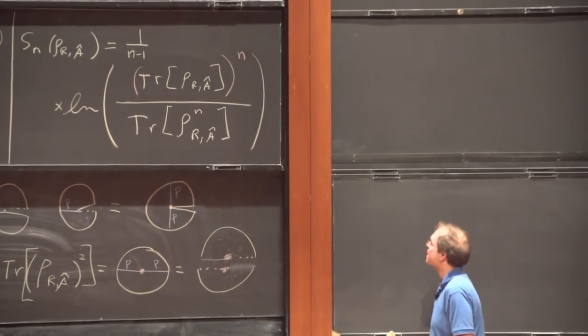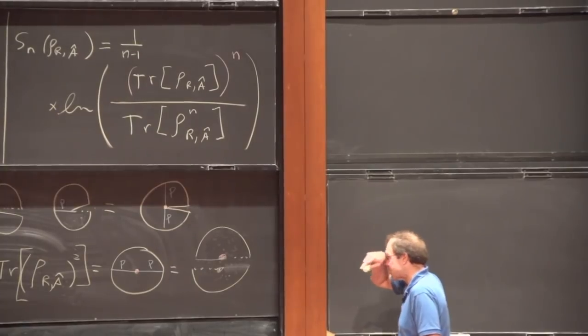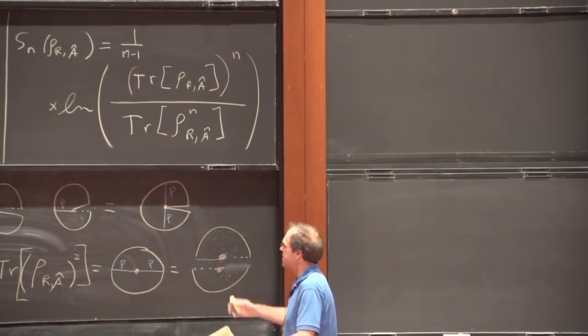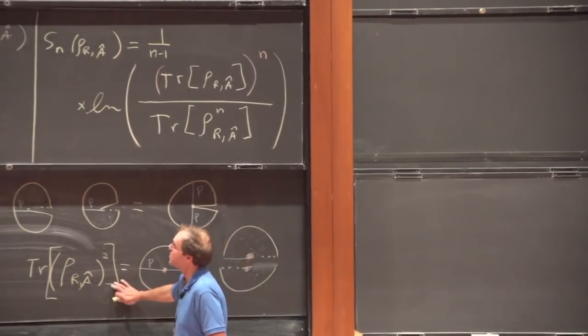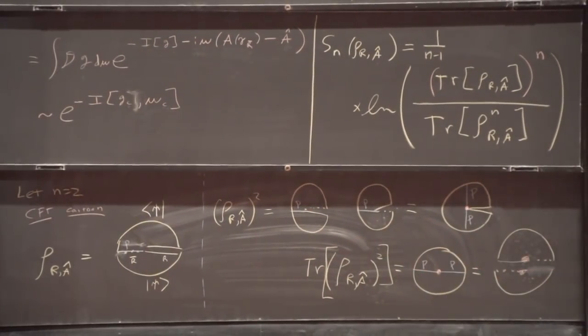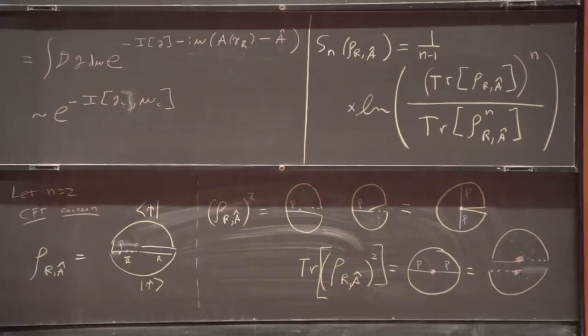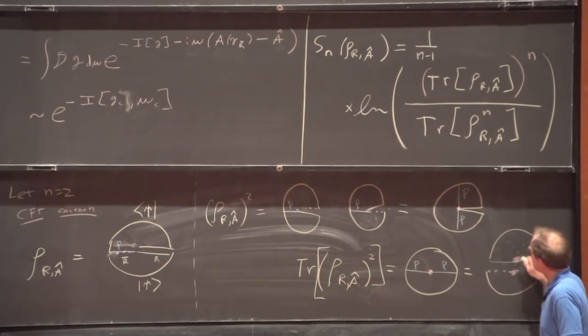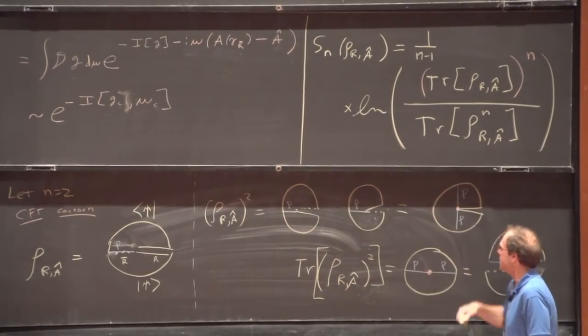Good. So the point is now that in order to compare this trace with, say, that trace, the trace of the first power of rho, all we have to do is understand how the semi-classical stationary points are related.